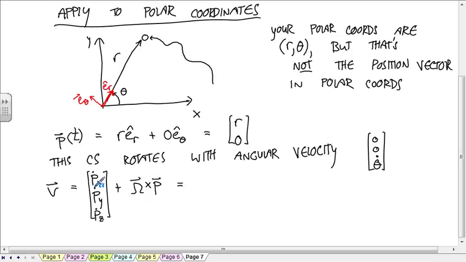What are the components dot? Well, the position vector is this, and that r can change, r isn't a constant. So this is going to be (r dot, 0, 0). We're going to add that to (0, 0, theta dot) crossed with the position vector (r, 0, 0).